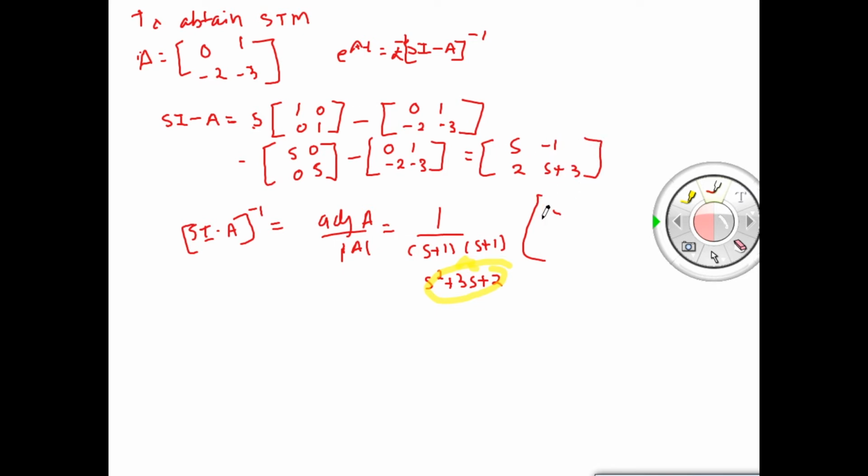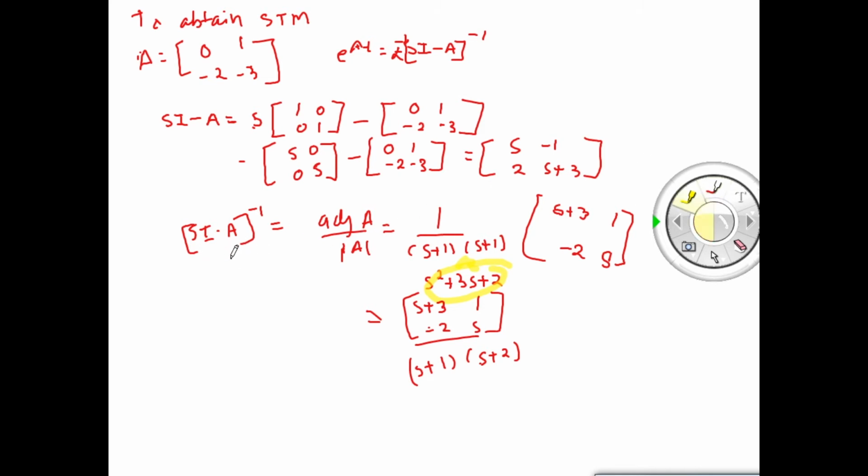For the adjoint of a square matrix, you just interchange the two diagonal members, so s plus 3 will be over here and s will be over here, and you give the minus sign to the rest of the components. So the final answer is [s+3 1; -2 s] divided by (s+1)(s+2). This is (sI minus A) inverse that we have got.